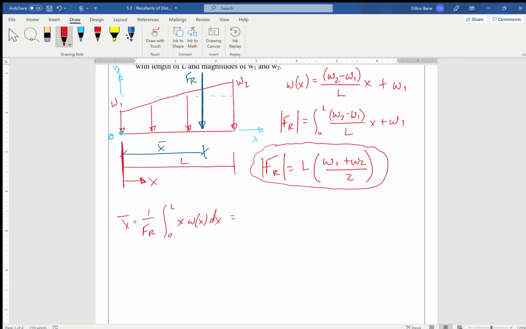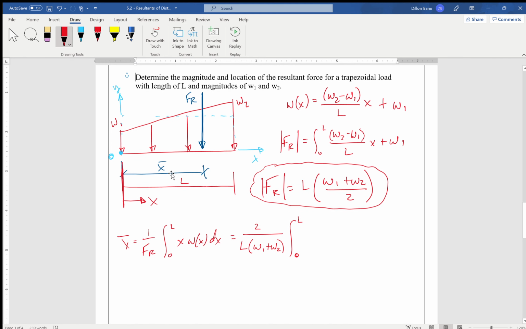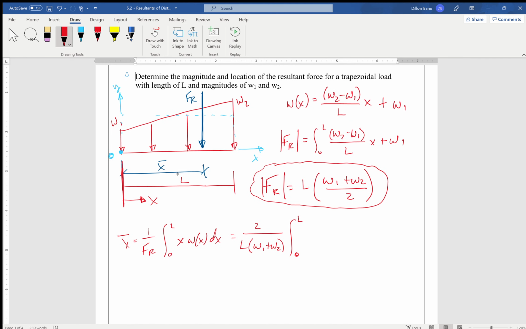So if we put that in, we can say it's 2 over L times (W1 plus W2), right? That's the 1 over FR. We integrate from 0 to L of ((W2 minus W1) over L) x squared plus W1 x dx, right?